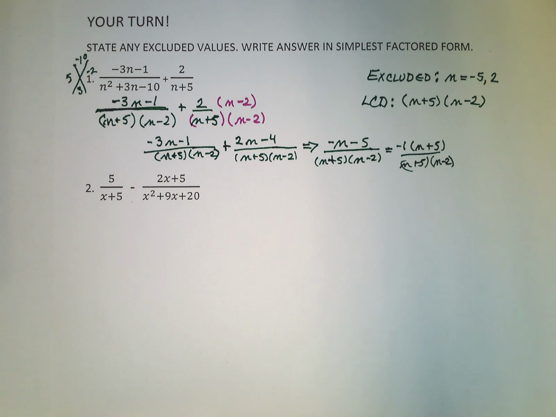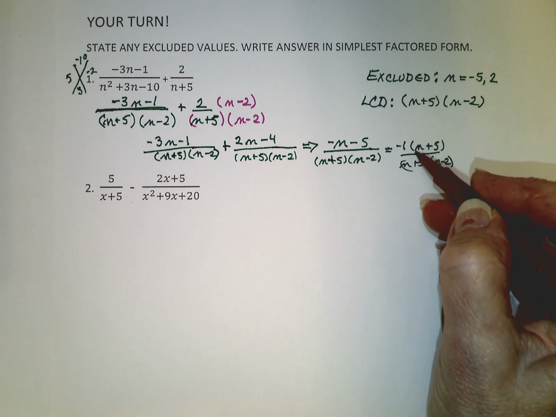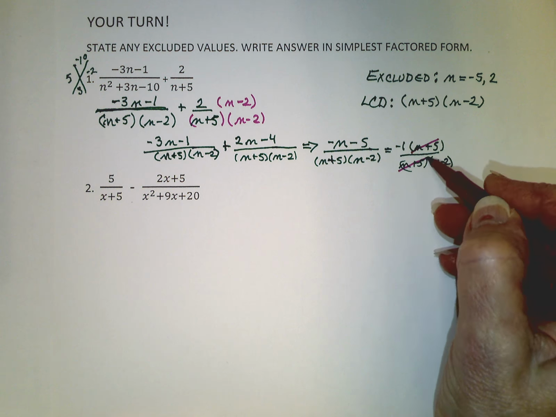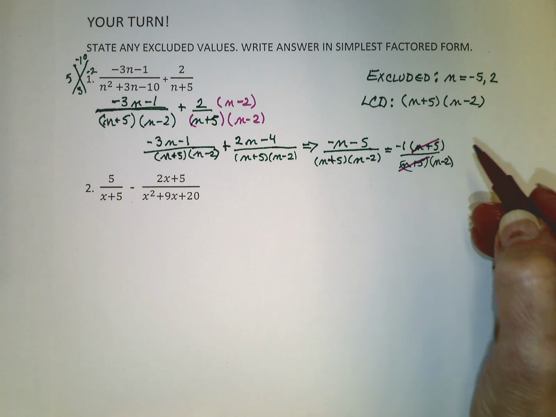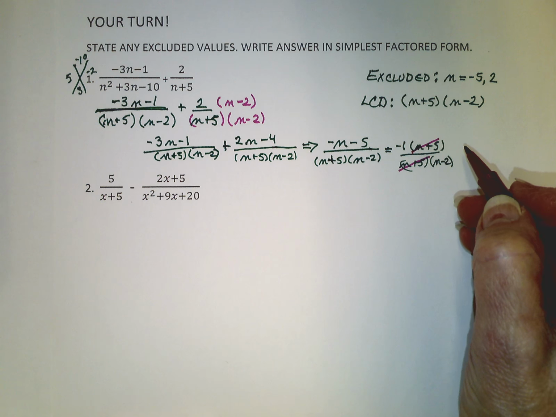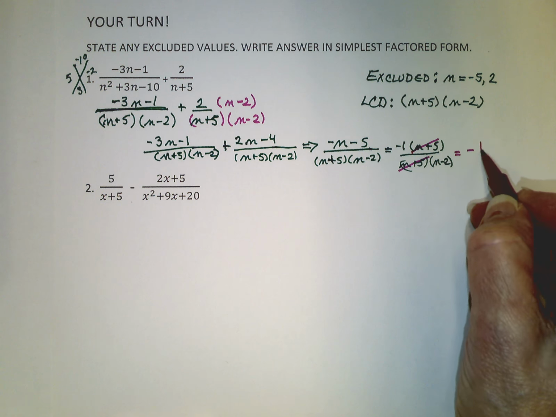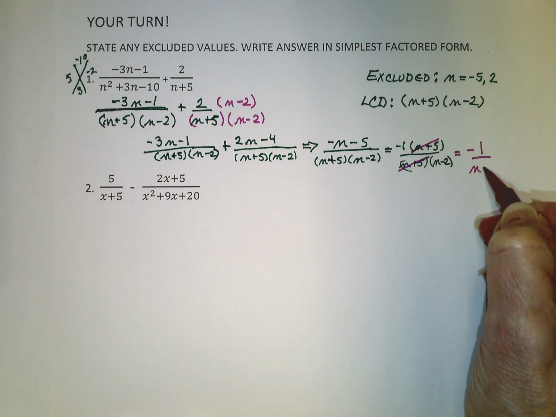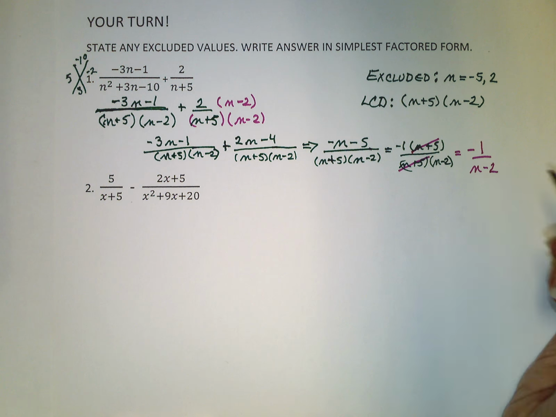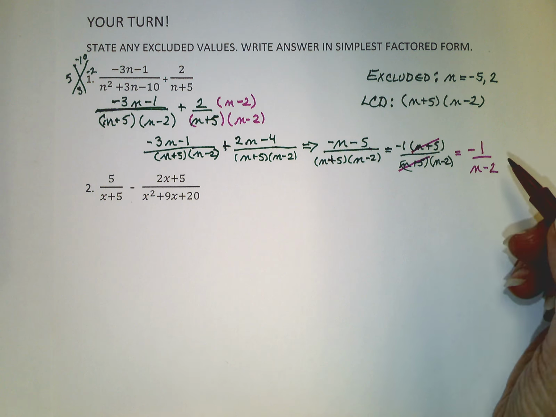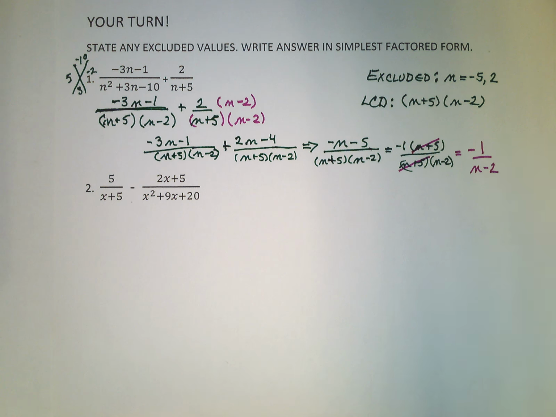Before we run out of room here. And now the n plus 5's cancel out. And our final answer is negative 1 over n minus 2, which is a lot simpler than what we started with.